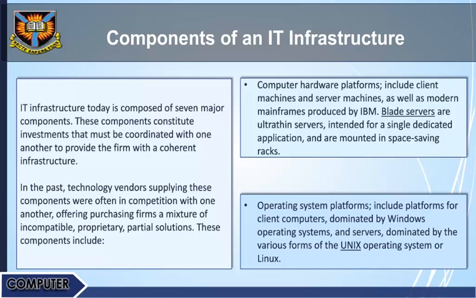These components include computer hardware platforms, including client machines and server machines, as well as modern mainframes produced by IBM, blade servers, ultra-thin servers intended for a single dedicated application and mounted in space-saving racks.